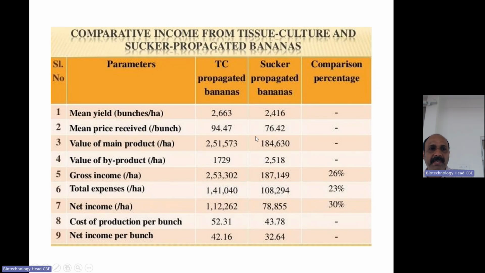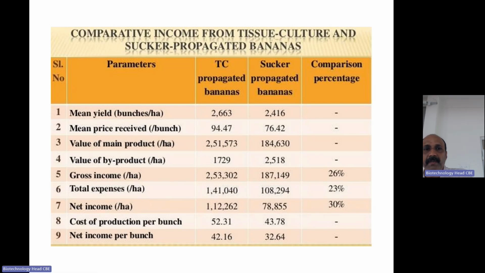bananas. And this gives the income: normally, between tissue culture and sucker propagated bananas, there is a difference in the number of bunches, around 200 bunches less than the tissue culture banana from the same number of plantlets we plant in the field. So the net income can be more than 30% when we go in for tissue culture propagated plants for the same area.